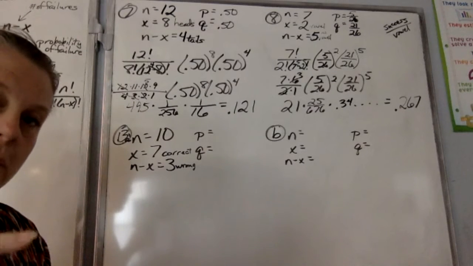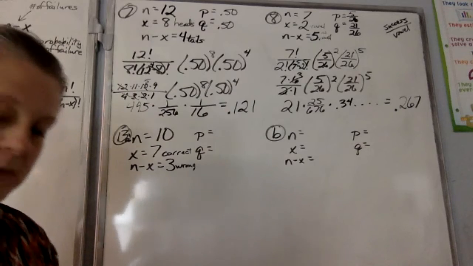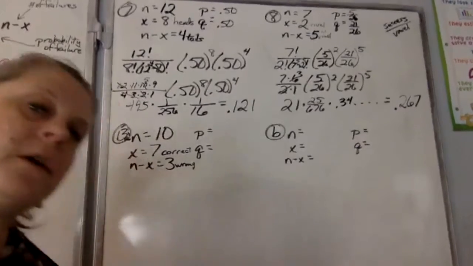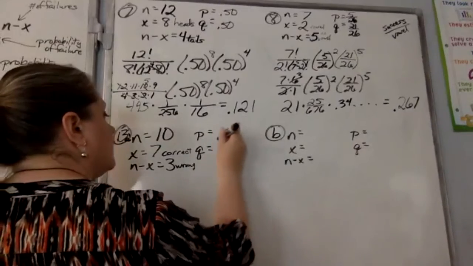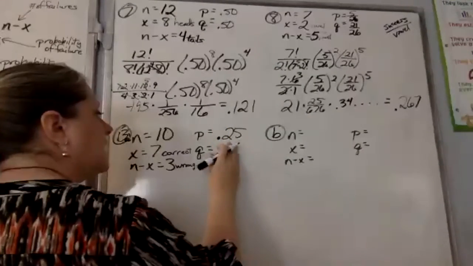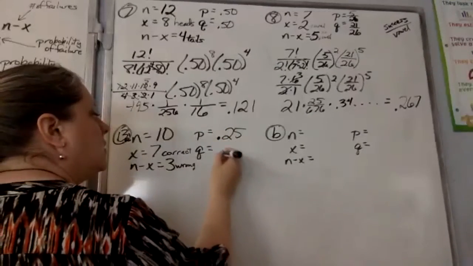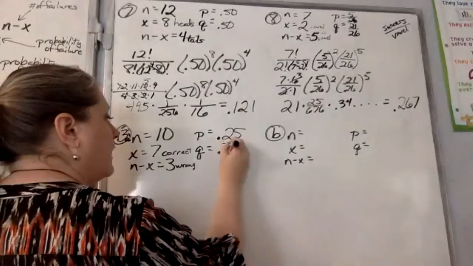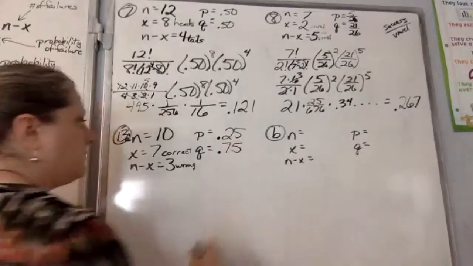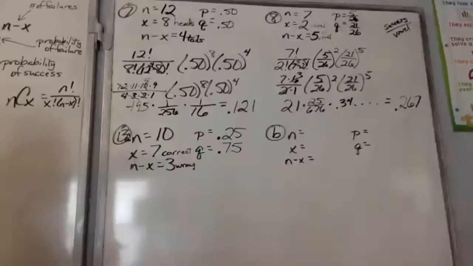You have a 1 in 4 chance of picking the correct one. So 1/4 is what as a decimal? 0.25. So 0.25 is getting the correct answer. Getting it wrong, there's 3 wrong ones out of the 4, or 0.75. So those are the numbers that we're using for part A.